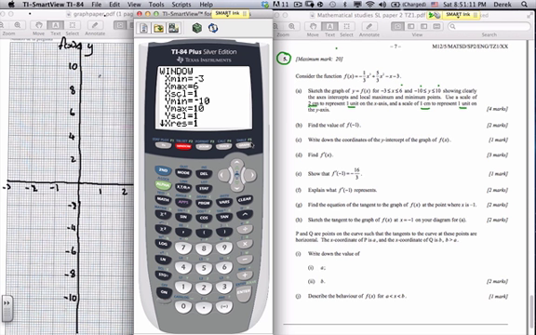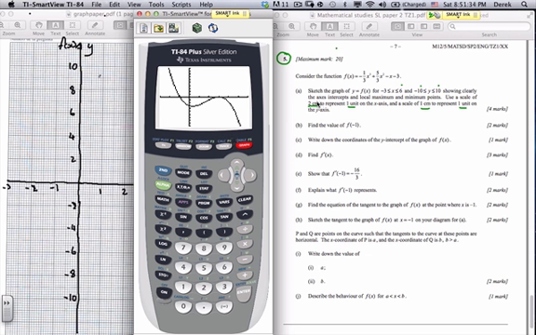So we got the window set up like that. This therefore gives me also, if I look at my table, all the points that I need here. If I want to plot point by point, I can do that. I can also have a picture of my graph. This is the graph that you're going to be drawing on your graph paper.